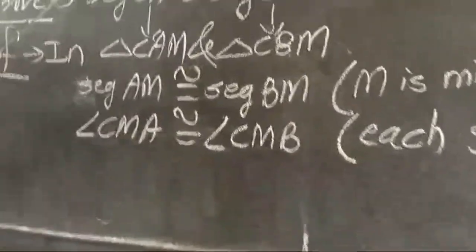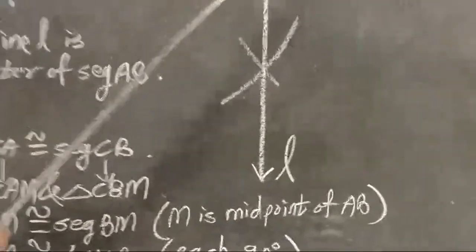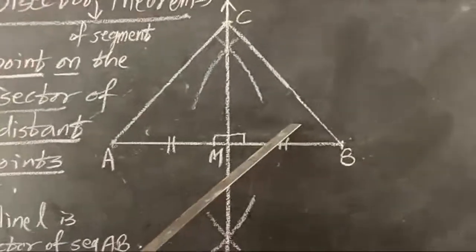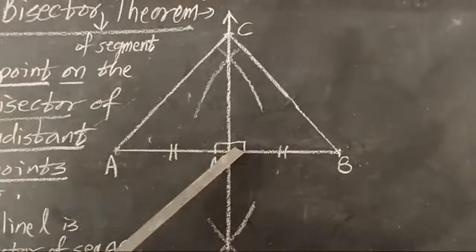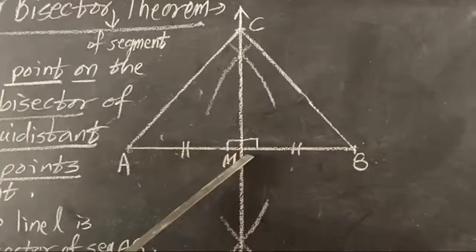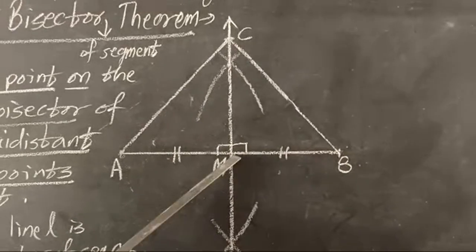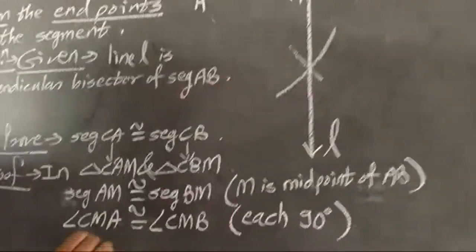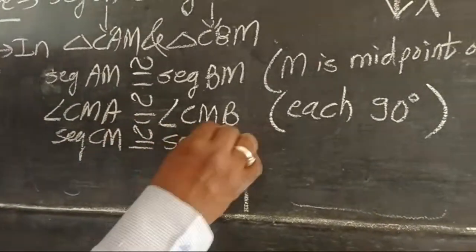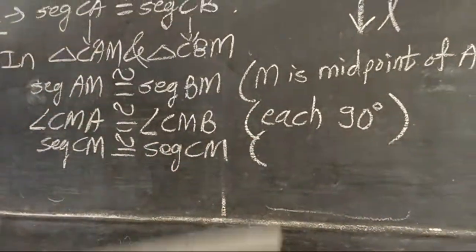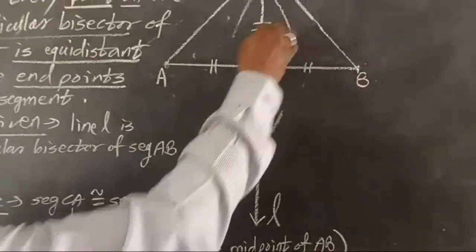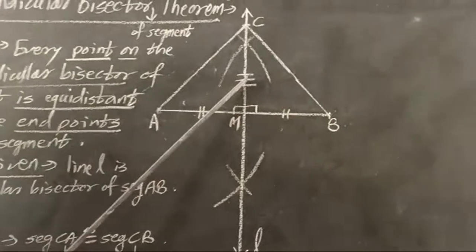Then the third condition is always present here. Segment CM congruent segment CM. Good. Who can tell the reason that segment is congruent? Why?